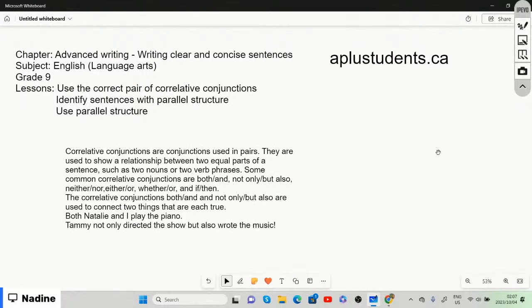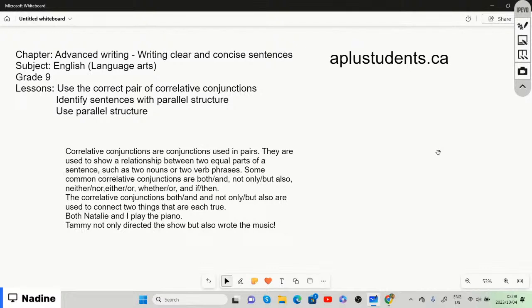So if you want to log in, we are on aplusstudents.ca, and there you will be able to follow as well as do the necessary activities. All right, so now our first lesson is to use the correct pair of correlative conjunctions.